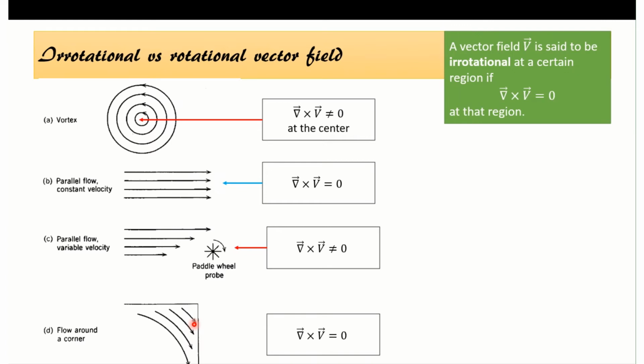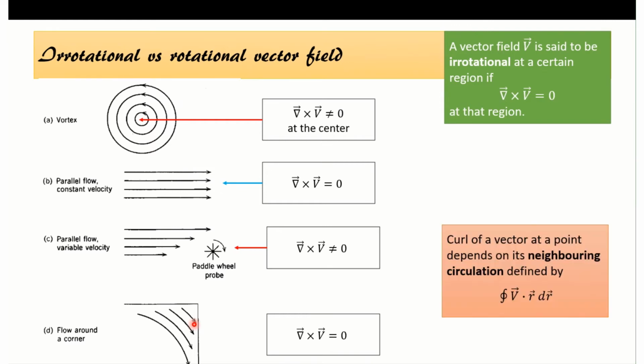When you want to evaluate the curl of the vector, whether it is rotational or not, it basically depends on the neighboring area. If you are talking about the flow of the vector over here, let's say at this point, given by my laser pointer, the tendency to rotate at this point is not going to be evaluated at that point, but at its surrounding area.